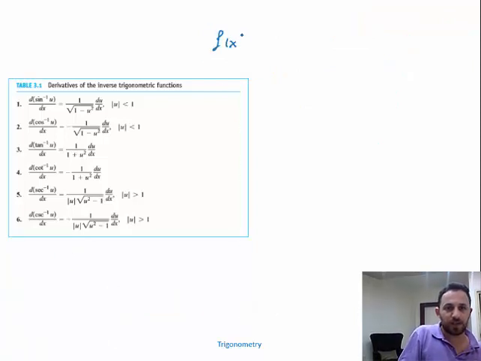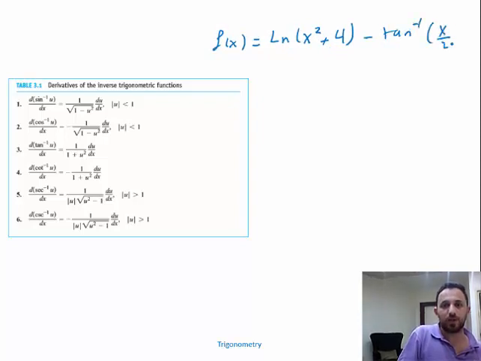If f of x is given as ln of x square plus 4 minus tangent inverse of x over 2, you would like to obtain f prime of x. The derivative of ln of x square plus 4 is 1 over the function, 1 over u, multiplied always by the derivative of the function it hosts, which is the derivative of x square plus 4.